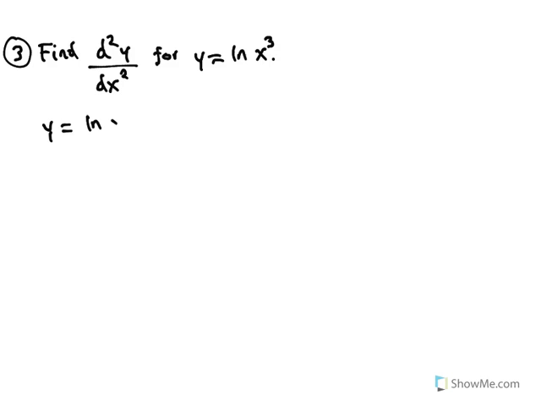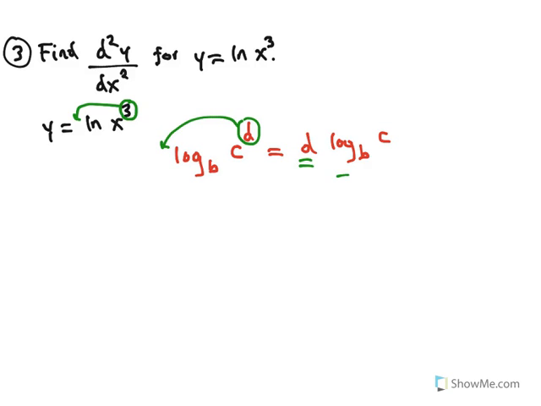So you have y is equal to natural log of x cubed, and the property that we want to use is called the logarithm of a power. So using this property of logarithms, called the logarithm of a power, I can take the 3 here and bring that to the front. So now we have y is equal to 3 times the natural log of x.